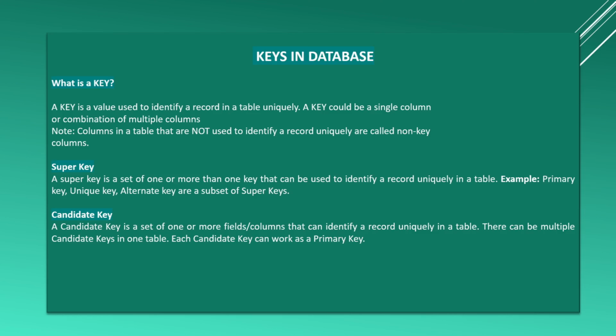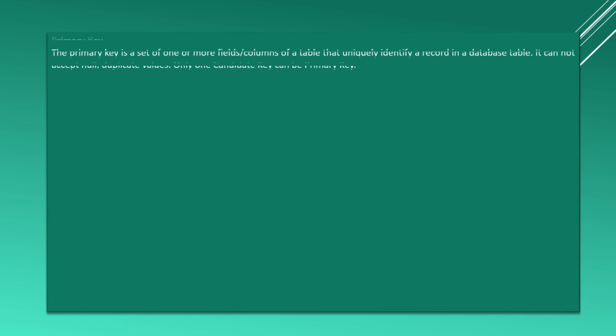The candidate key. A candidate key is a set of one or more fields or columns that can identify a record uniquely in the table. Now primary key. What is primary key? Primary key is a set of one or more columns of the table that uniquely identify a record in the database table.